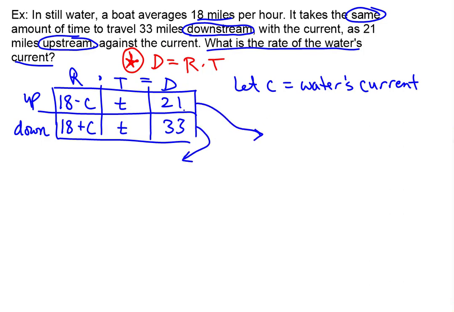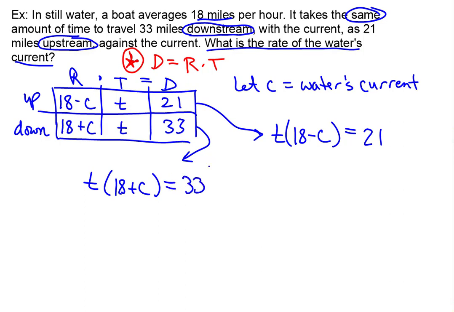If I take the top row, I can multiply its rate times its time to get the distance, which is exactly what the formula says. So I could write that as t times 18 minus c. That's just the product of the rate and time in that first row. And I know that equals 21, the distance. In the second row, we could do the same thing and get t times 18 plus c. Again, just rate times time in that row equals 33, the distance in that row.